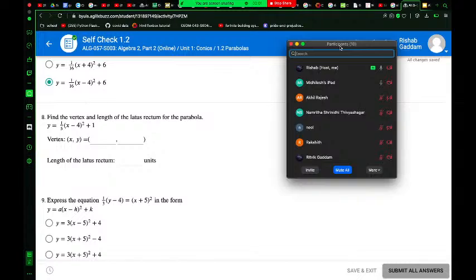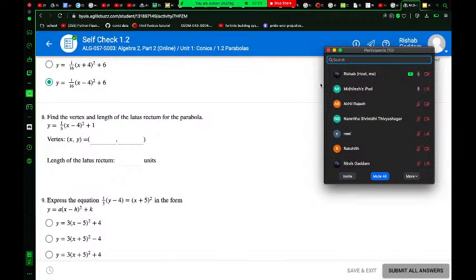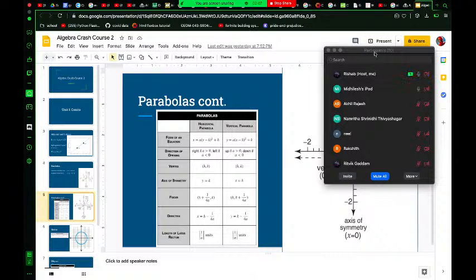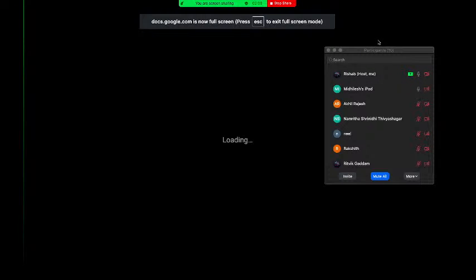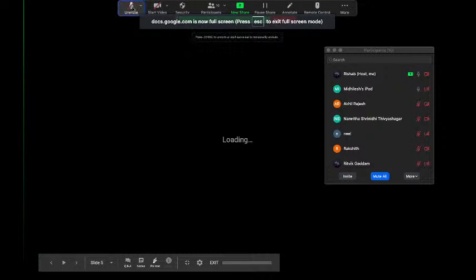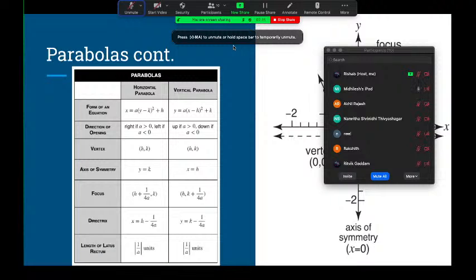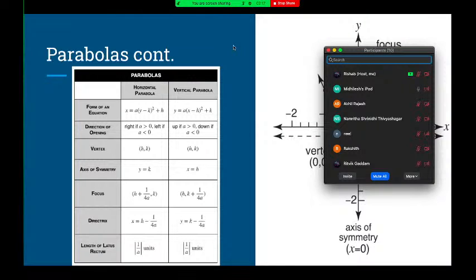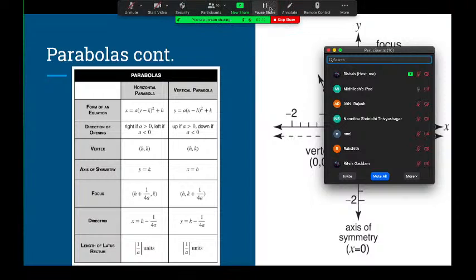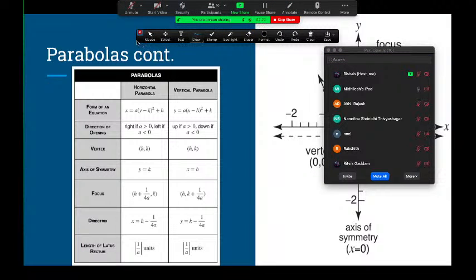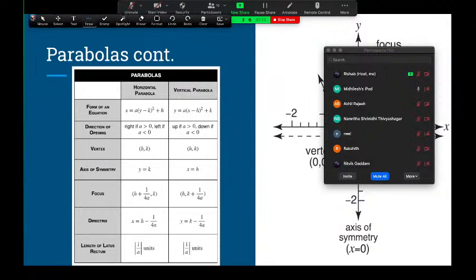But yeah, middle-ish. Yeah. What's so funny? Yeah, you can go.